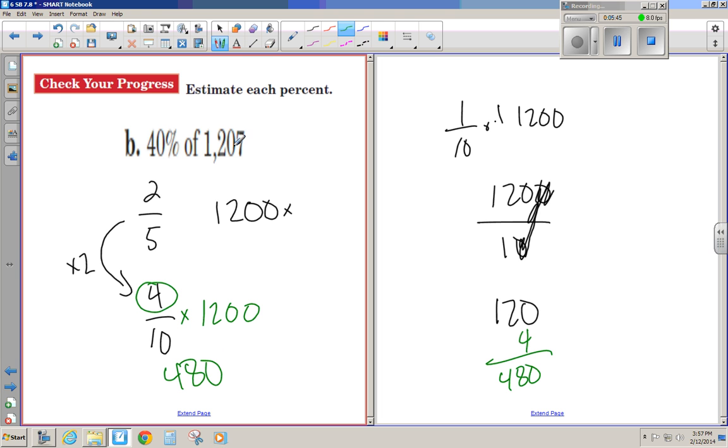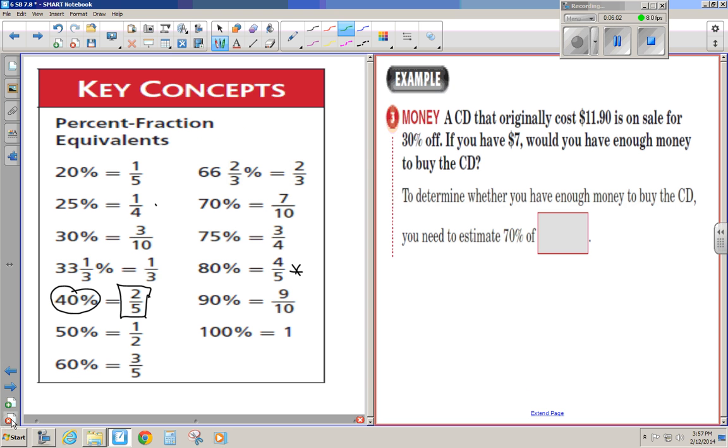So 40% of 1,207 is about 480. All right, if I were you, I would go about looking over these examples again if you had trouble with them. Because we're going to start on this.